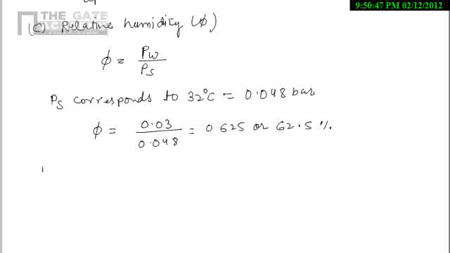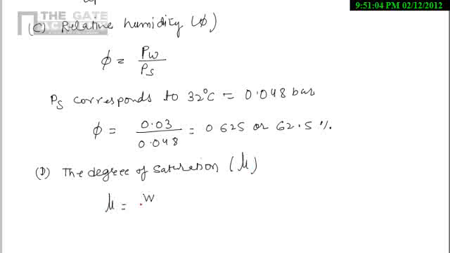Now let's take part D, the degree of saturation. For the degree of saturation, we have the following formula, W by Ws. So we can write Pw (P minus Ps) divided by Ps (P minus Pw).